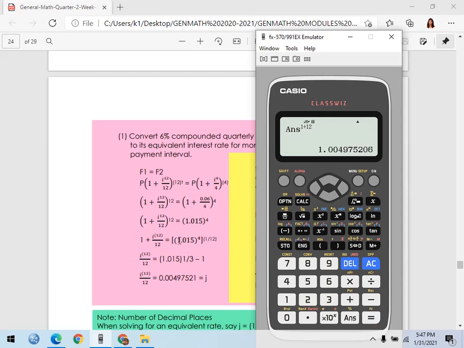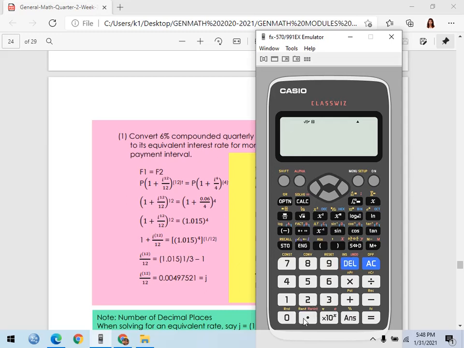So, ito na yun. Yung 1.015 raised to 4 raised to 1 over 12. Okay? And then, minus 1. So, again, para matanggal yun, Shift E and G. So, we have 0.00497521.